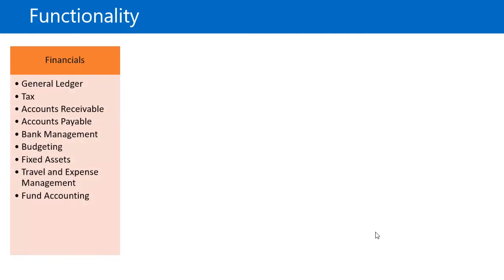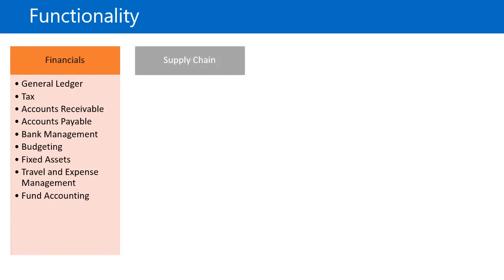It also provides all of the functionality that you need to update accounts efficiently and comply with reporting requirements. Some of the basic capabilities of the financial management module include general ledger, accounts receivable, accounts payable, budgeting, fixed assets, even travel and expense management, as well as fund accounting.